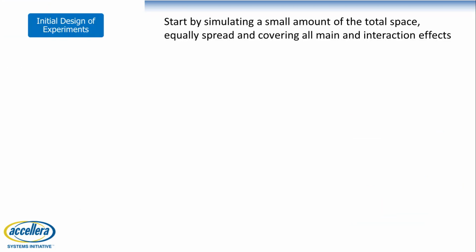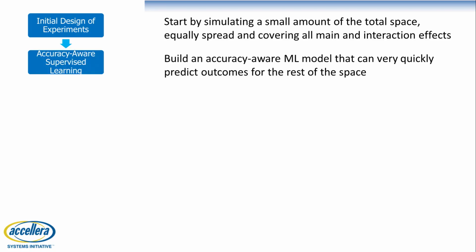The Solido active learning approach starts by simulating a small amount of the total space, equally spread and covering all main and interaction effects. Once we actually know what a lot of the responses look like across the space, we take this data, which is just a very small data set relative to the overall verification space, and then build a machine learning model that can very quickly predict outcomes for the rest of the space.